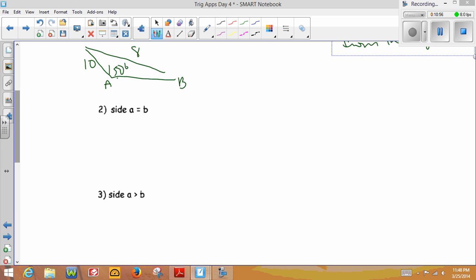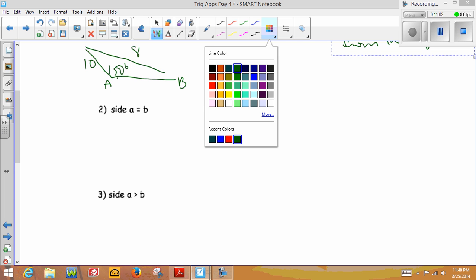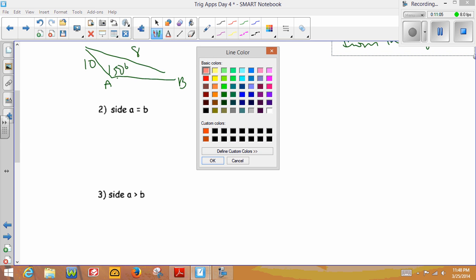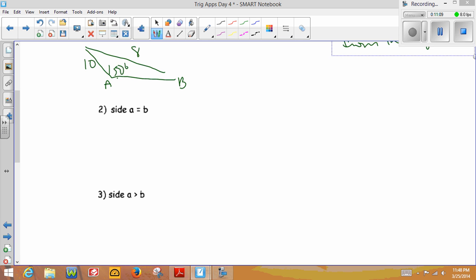If side A is equal to side B, okay, so I'll change colors again here. Let's do orange. The measure of angle A is equal to 150. A is 8 and B is 8.